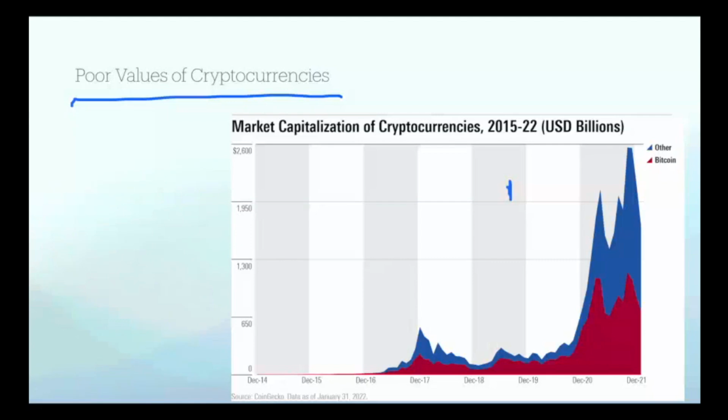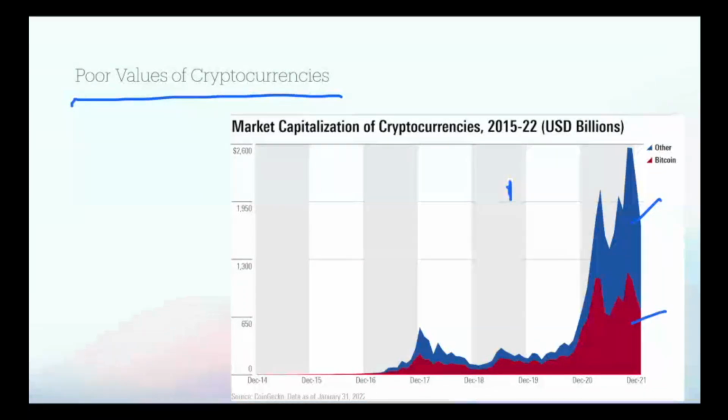The market capitalization here is in billions; red indicates one kind and green another, and you can see that compared to the other coins, the bitcoin growth is too less. In the last 2 years there was not a great increase, only a very slight increase in the cryptocurrencies. This is one of the main problems in the cryptocurrencies.